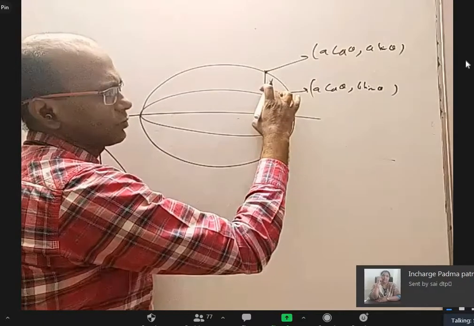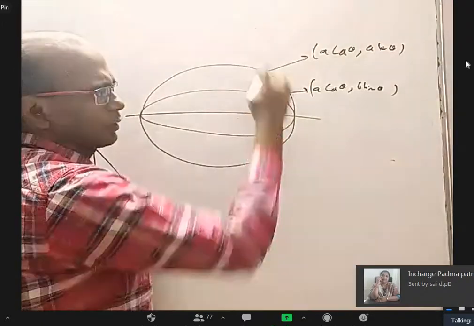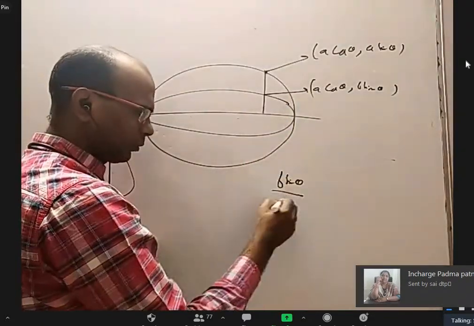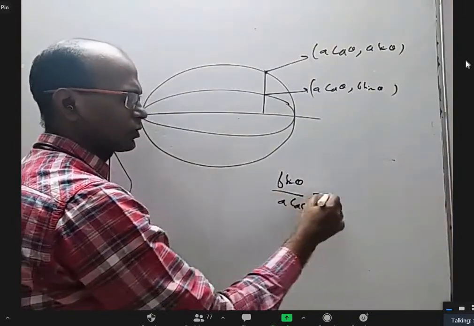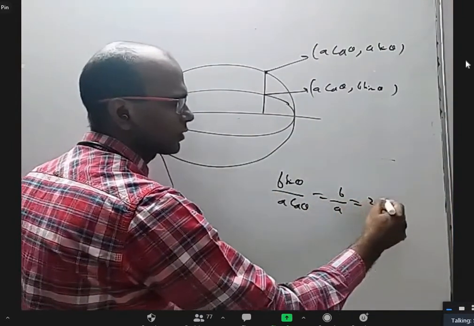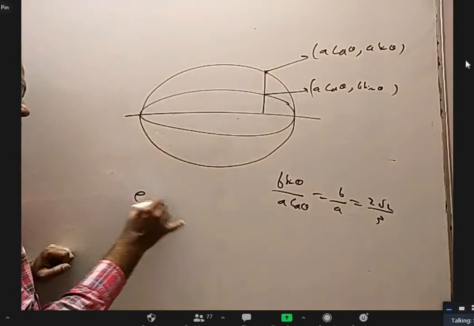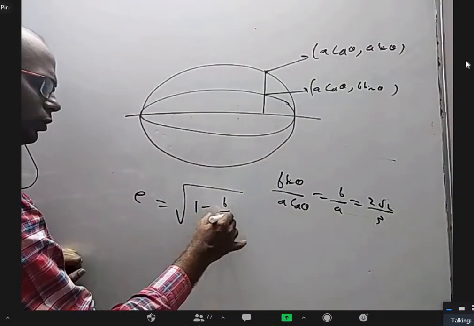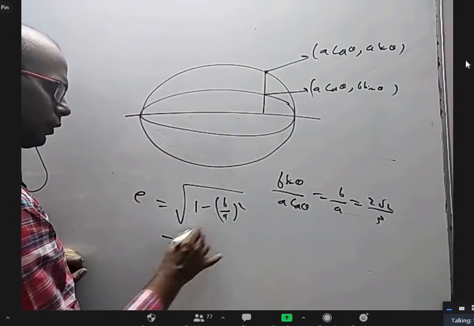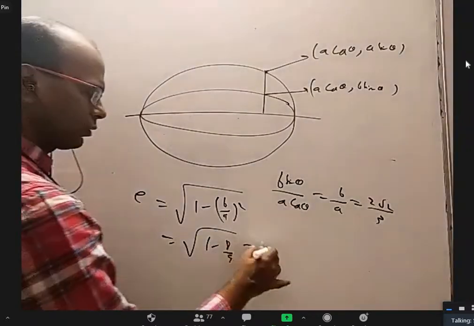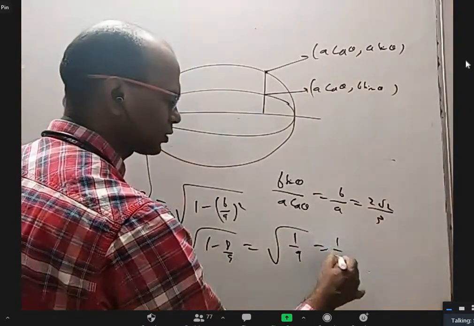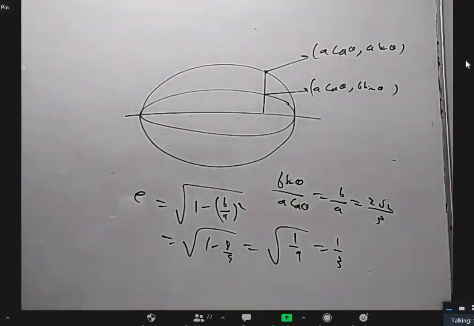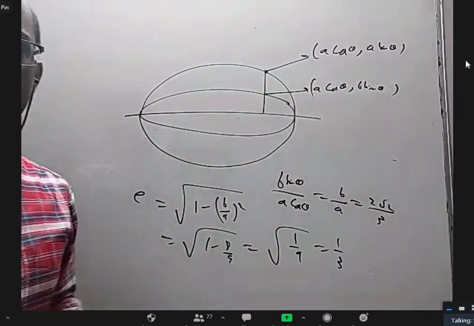And this ordinate by this ordinate is b sin theta by a sin theta, which is b by a. That is given to you as 2 root 2 by 3. And the eccentricity is square root of 1 minus b by a whole square, 1 minus 8 by 9, root of 1 by 9, which is 1 by 3. Okay. So just know what corresponding point means.